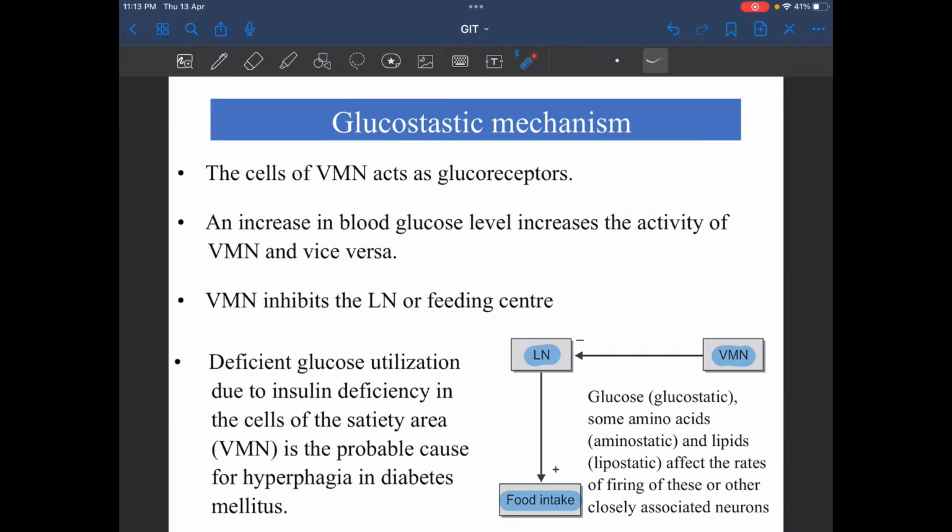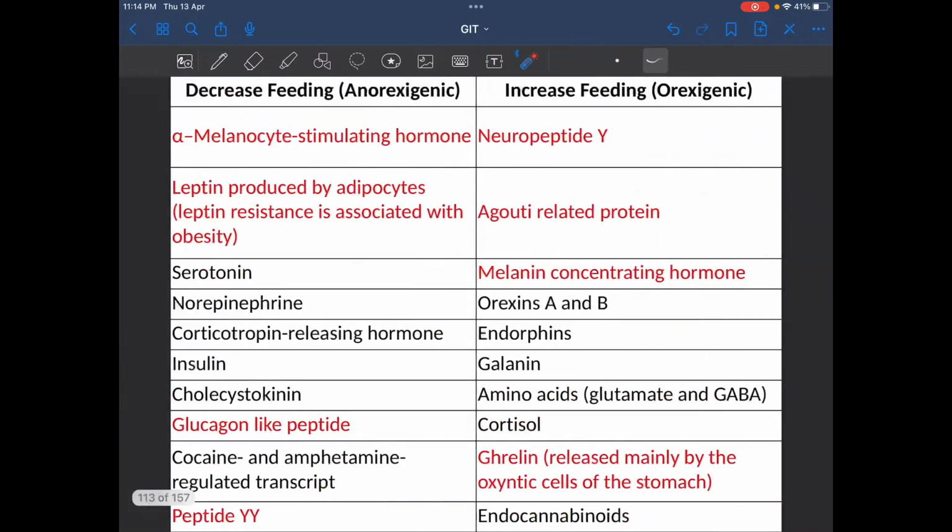What do you remember as the P's in case of diabetes? We remember one as polyphagia. That polyphagia is due to the dysfunction of these glucoreceptors which are present in the ventromedial nucleus. Increasing glucose is not being transported into the ventromedial nucleus, and hence we continue to eat despite the hyperglycemia. So there is no satiety being received. That is the probable cause for hyperphagia in case of diabetes mellitus.